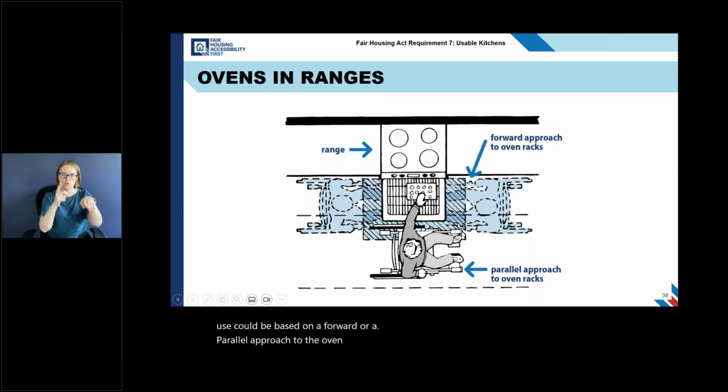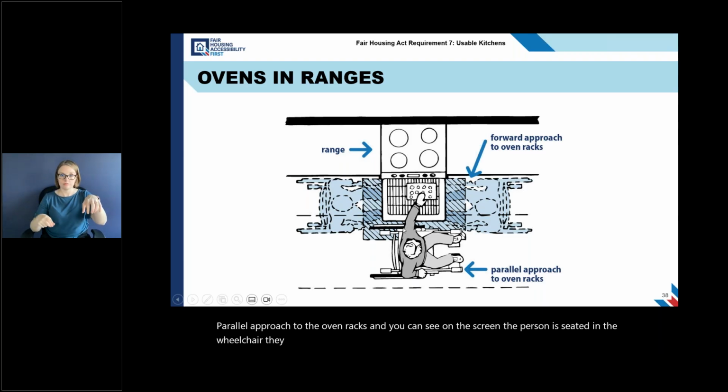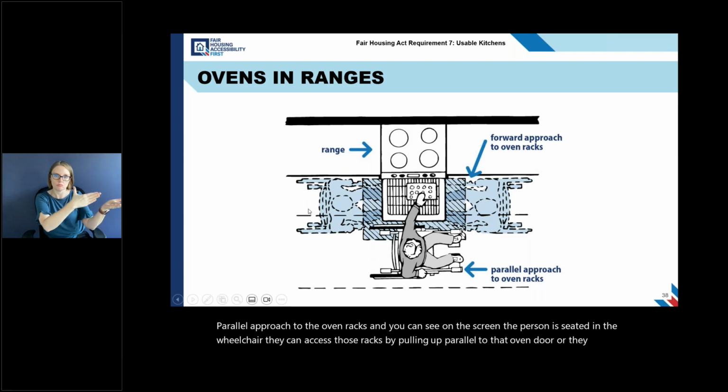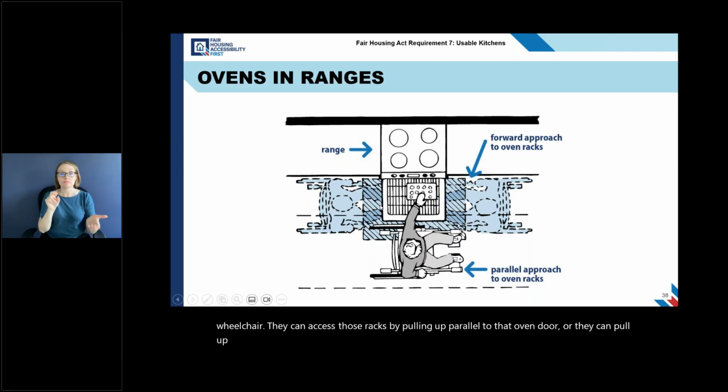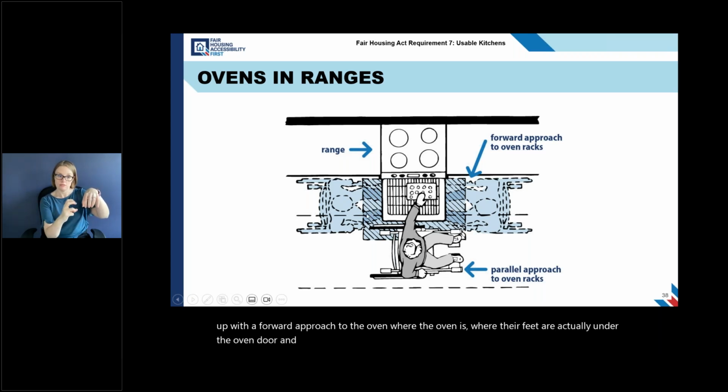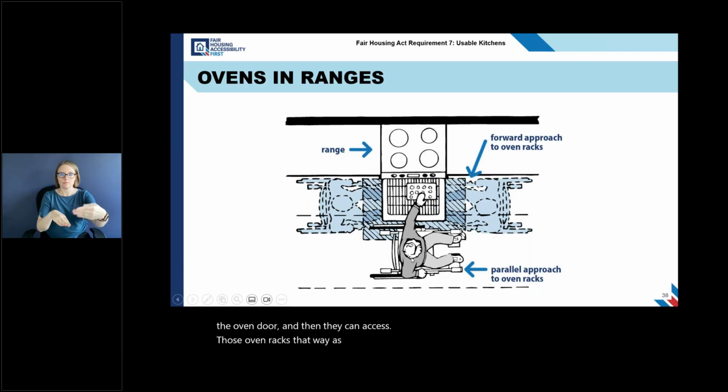You can see on the screen, the person is seated in the wheelchair. They can access those racks by pulling up parallel to that oven door, or they can pull up with a forward approach to the oven where their feet are actually under the oven door, and then they can access those oven racks that way as well.